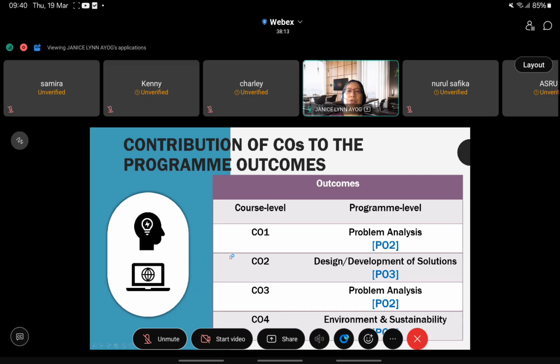Course outcome 1 should deal with your problem analysis. Course outcome 2 is related to your design and also your ability to develop solutions. Course outcome 3 is also problem analysis, like CO1, and CO4 is related to environment and sustainability.